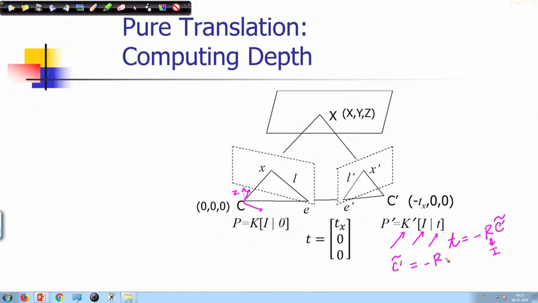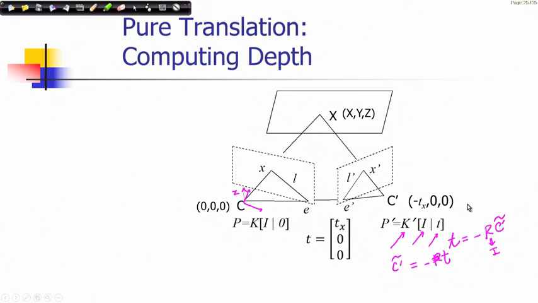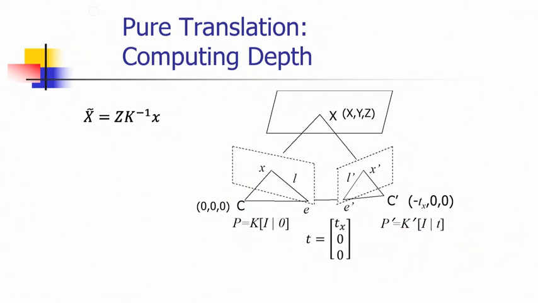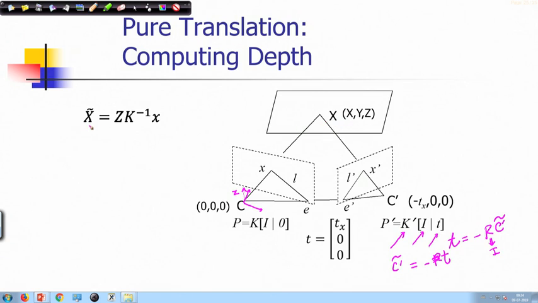So, C tilde can also be written as minus T, which will give you minus T x 0 0, that is the camera center in this kind of configuration. And then we can compute the corresponding world coordinate of the scene point. Here the scene point is x, and in our convention, when I am using the world coordinate in non-homogeneous coordinate convention, I will be using tilde on top of it.